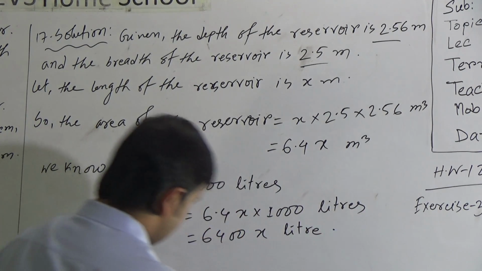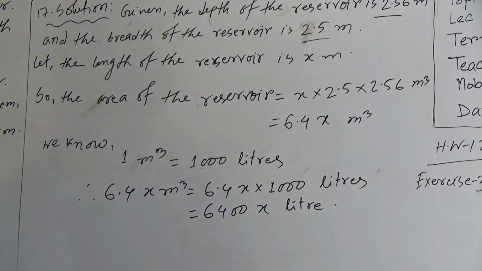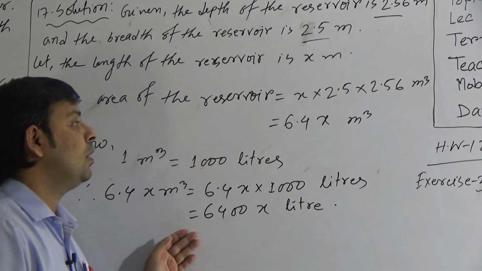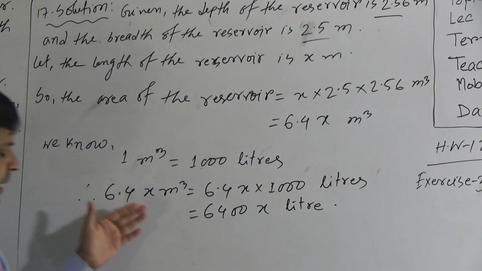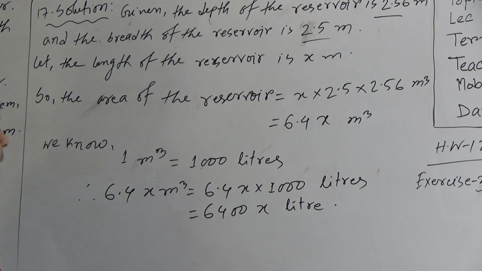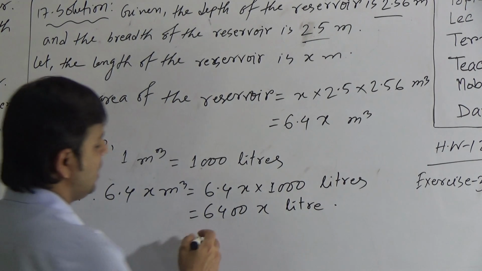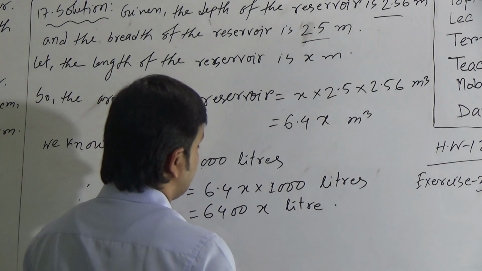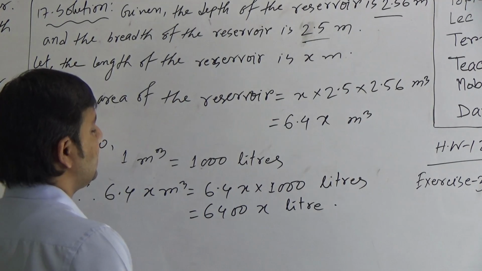So this is the converted volume of water of the reservoir. It means that if we want to keep water in the reservoir, we can keep 6400 into x liters of water.